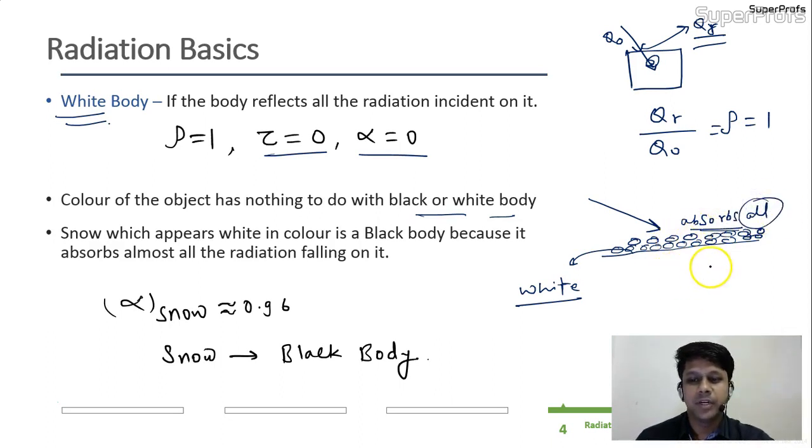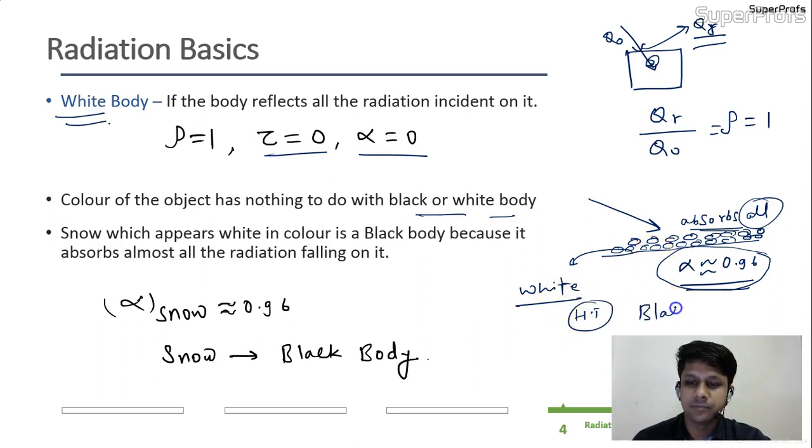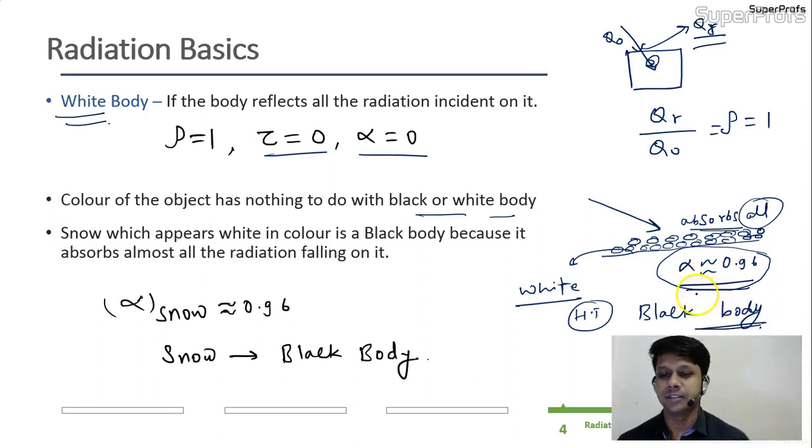So its absorptivity is very, very high, around 0.96. So alpha value is around 0.96, and from a heat transfer point of view, is it a white body? No, it is a black body, because it is absorbing almost all of the radiation.